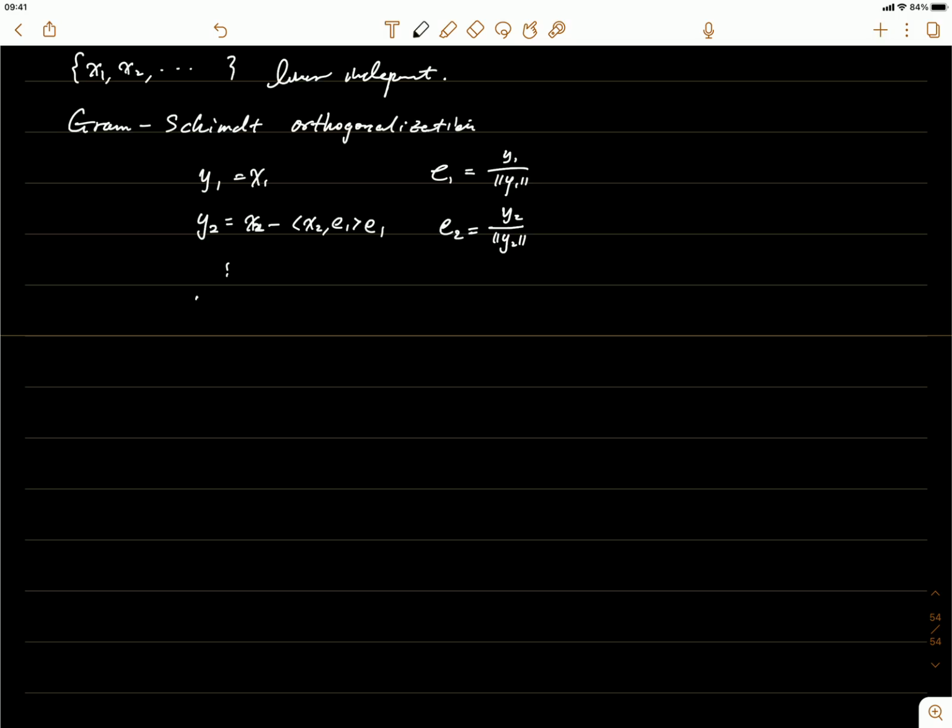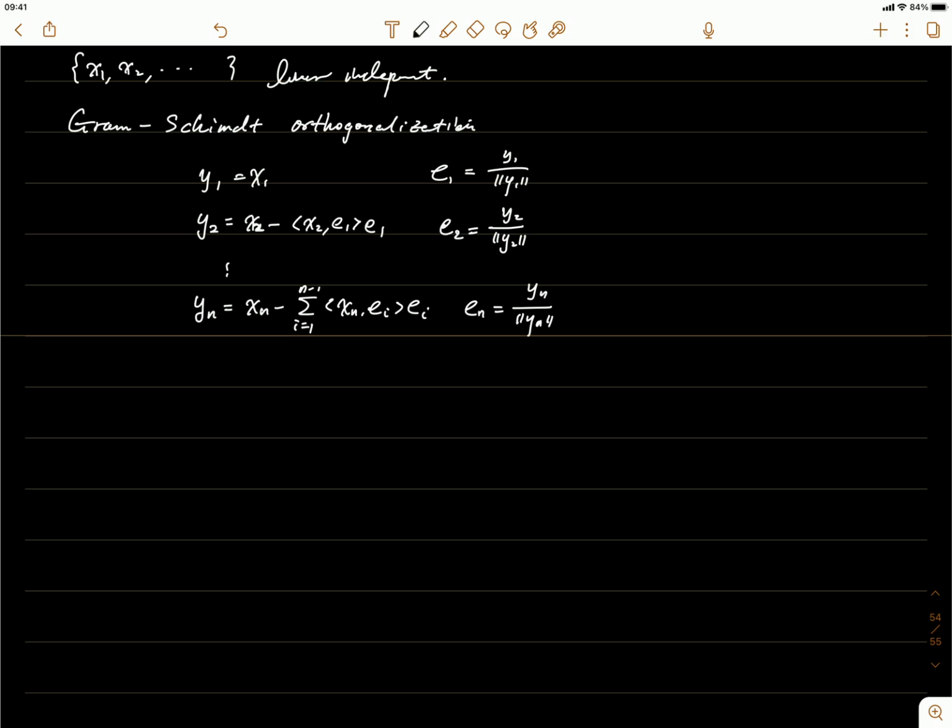So you can continue doing that. When you have y_n, you have x_n minus the sum of the inner products of x_n with all the previous e_i you already obtained, where i is from 1 to n minus 1. And then you just set your e_n to be y_n over the norm of y_n.